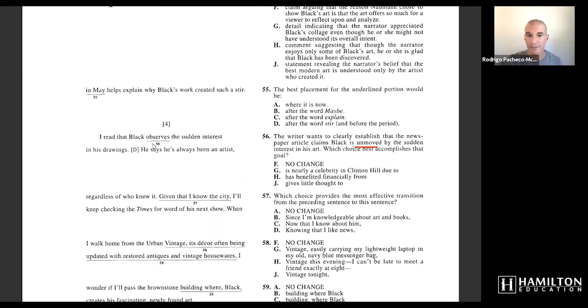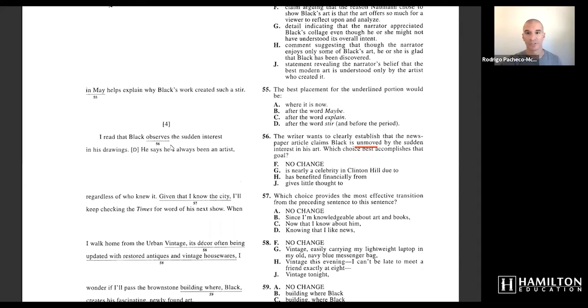So F, no change. We're told that Black observes the sudden interest in his drawings. This is close in meaning to acknowledges, or he pays attention. This does not really show how Black feels.